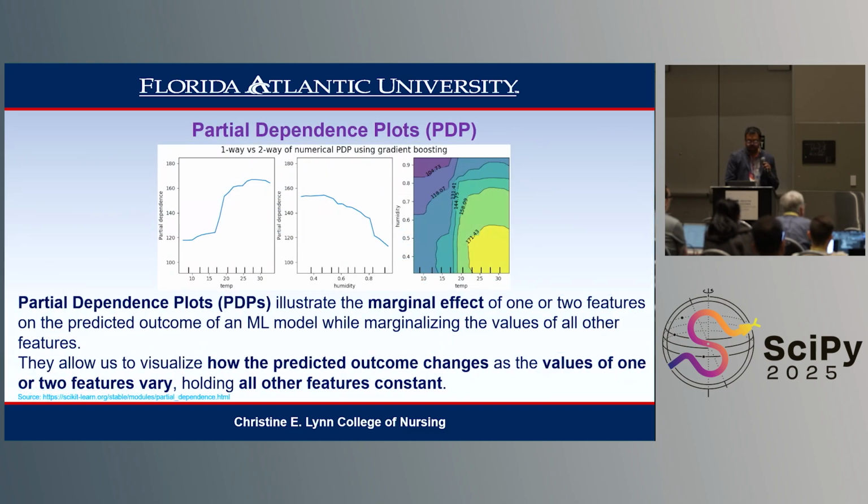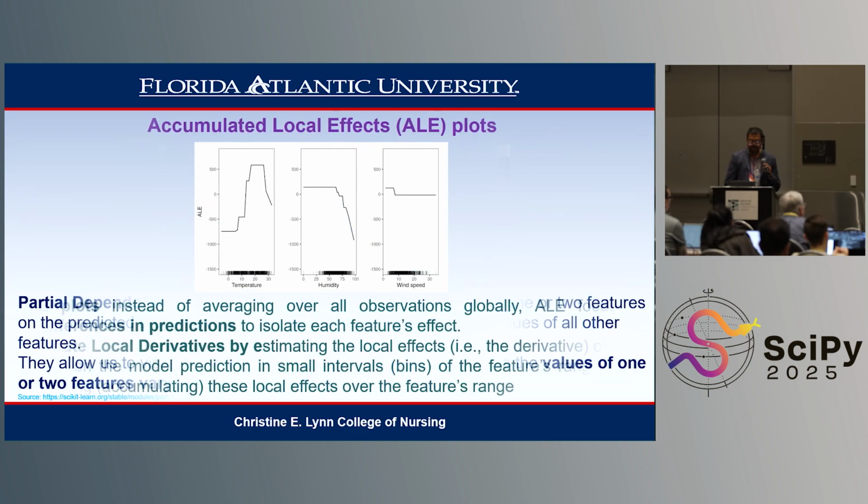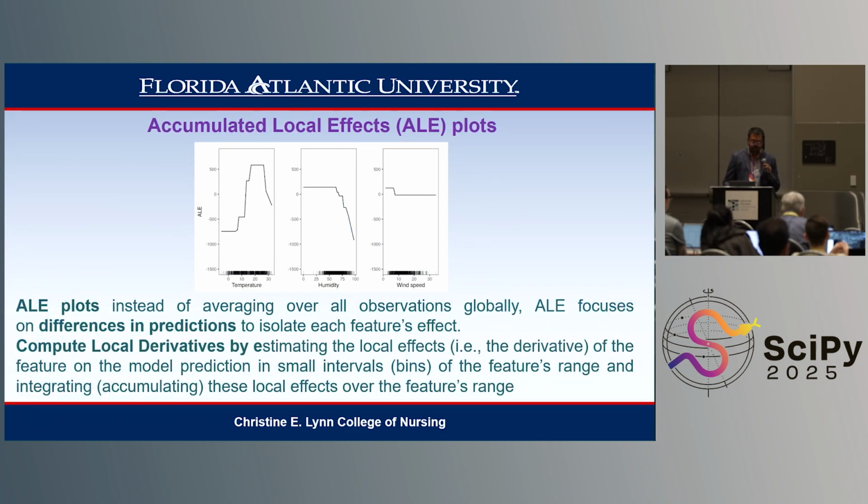Then if you sum these up and take an average, what you get is called the partial dependence plot. You can also look into how two different features can impact the output, so the heat map is the model output. So you can also look into the interaction of the features.